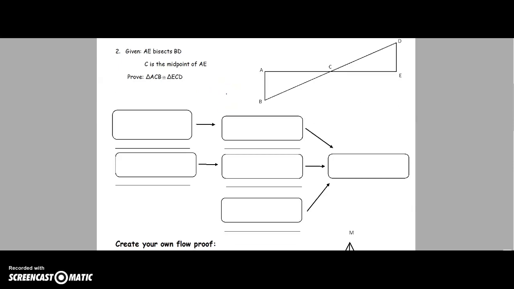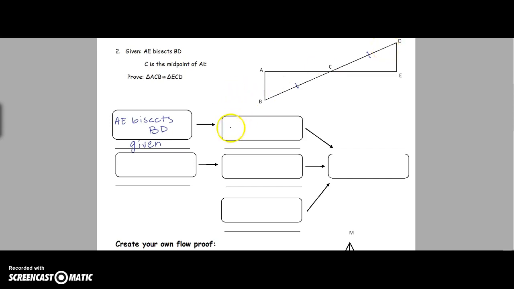Here we have an image. It says given AE bisects BD. So the segment AE bisects, cuts in half, BD. So that means it looks like that. So we would say AE bisects BD, and we know that because it's given. Now, BD is the one that was cut in half.